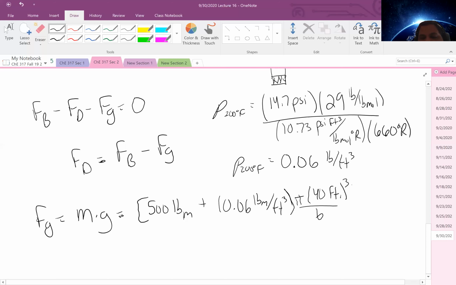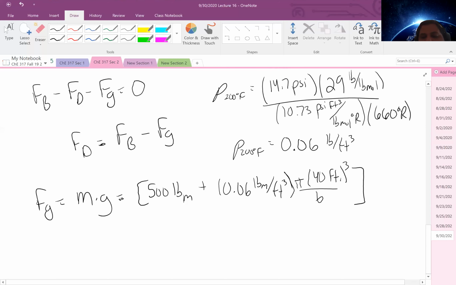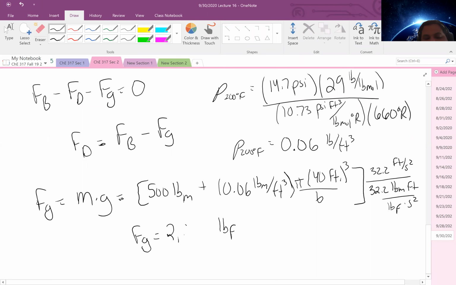That will give us pound mass, and then to get it into pound force, I just multiply times gravity, 32.2 feet per second squared, and I divide by g sub c, or 32.2 pound mass feet per pound force second squared. And this gives me my force due to gravity in pound force units. And I find that this gravitational force is approximately 2,510.